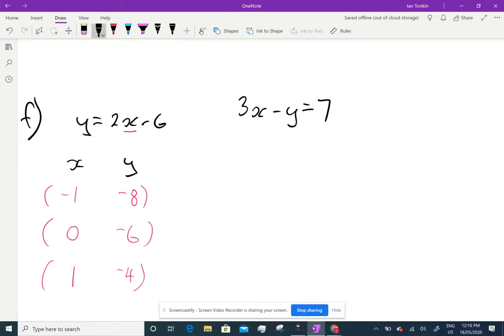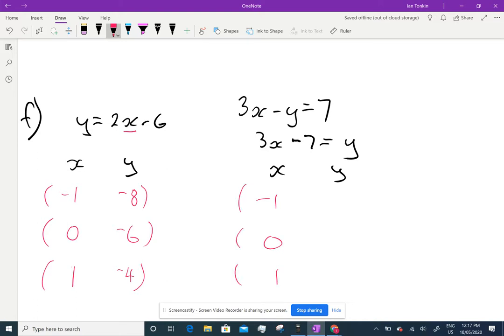Now, the first thing I've got to do over here is rewrite this. So I'm going to take the y over the other side, and I'm going to bring the 7 over. So I'm going to get y equals 3x minus 7. All right, so I added the y over and subtracted the 7. Now I go x and y. I choose my 3 points. Again, I'm going with negative 1, 0, and 1.